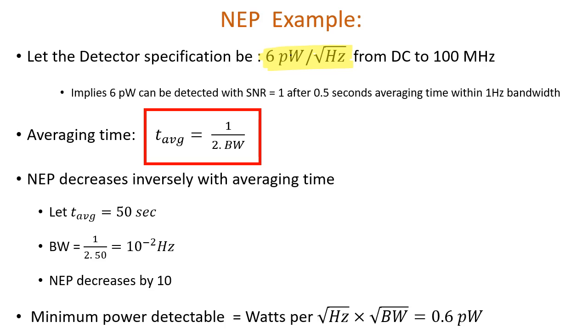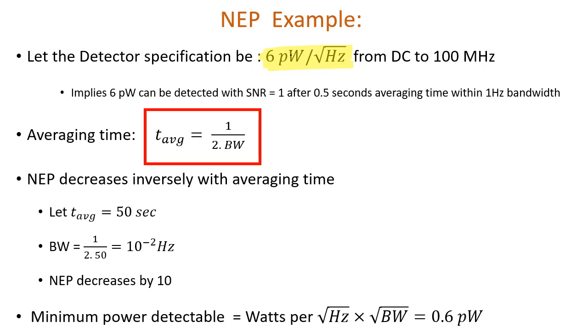So this is the NEP specified to you by the manufacturer. What it tells you is basically the following: if you put in a signal of 6 picowatts, that will be detected with a signal to noise ratio of 1 for half a second of averaging time, right? Within this 1 hertz bandwidth.